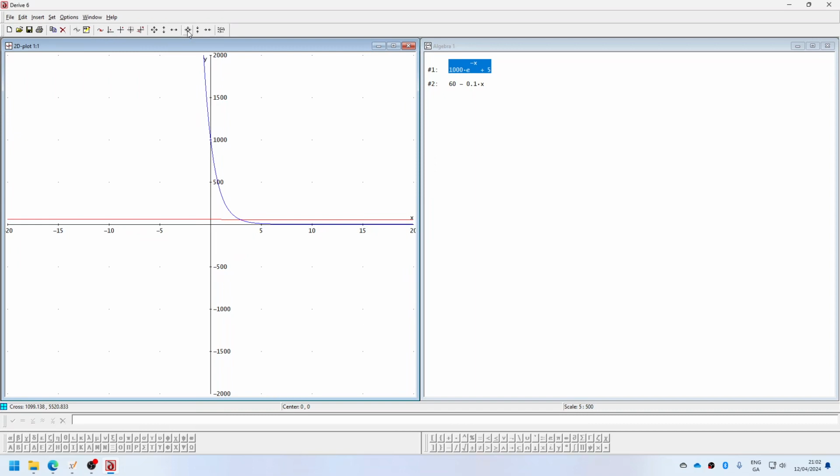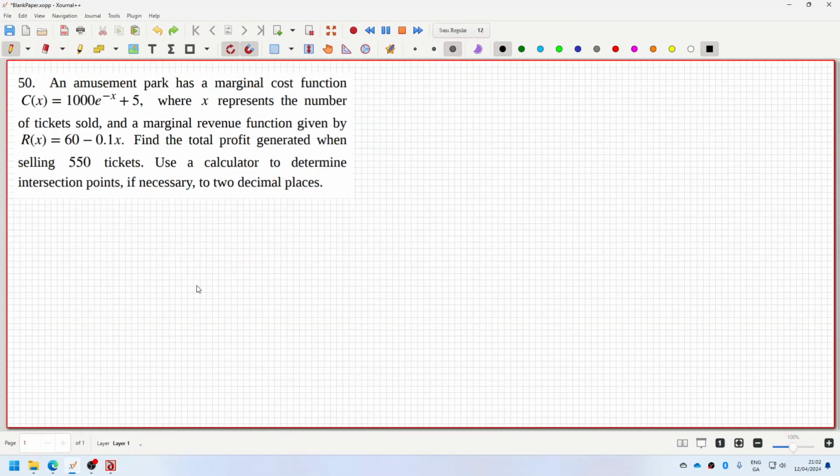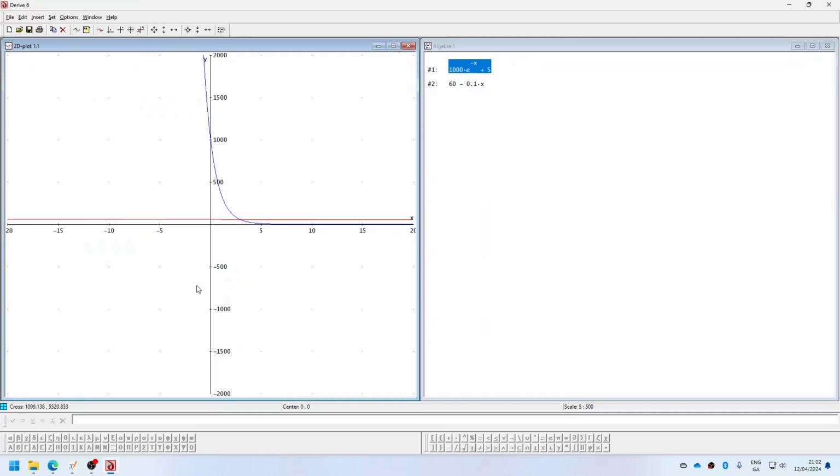And then the profit is the area from 0 to 550. So I kind of see the issue here.